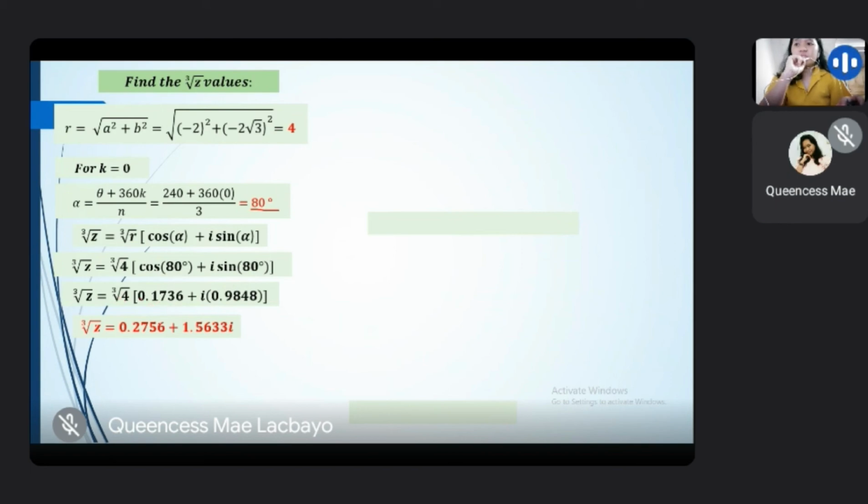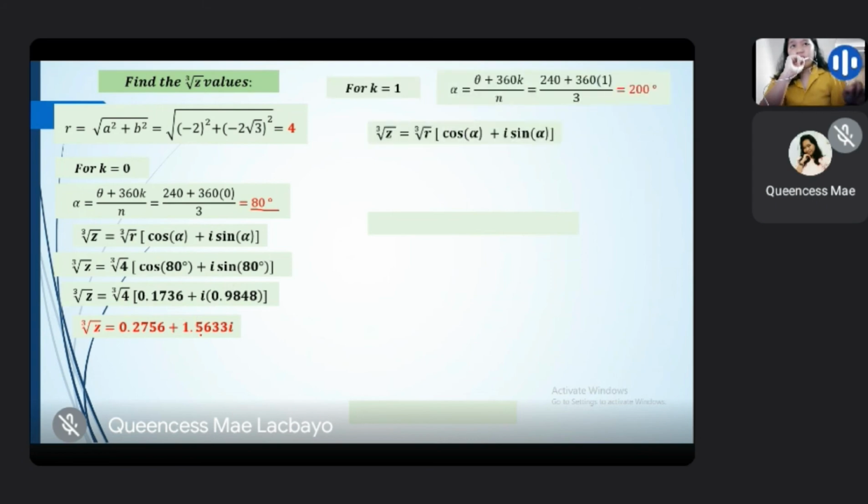The answer is 0.2756. And the cube root of 4 times 0.9848, the sine 80, gives 1.5633i. So the answer for the cube root of z at k equals 0 is 0.2756 plus 1.5633i.